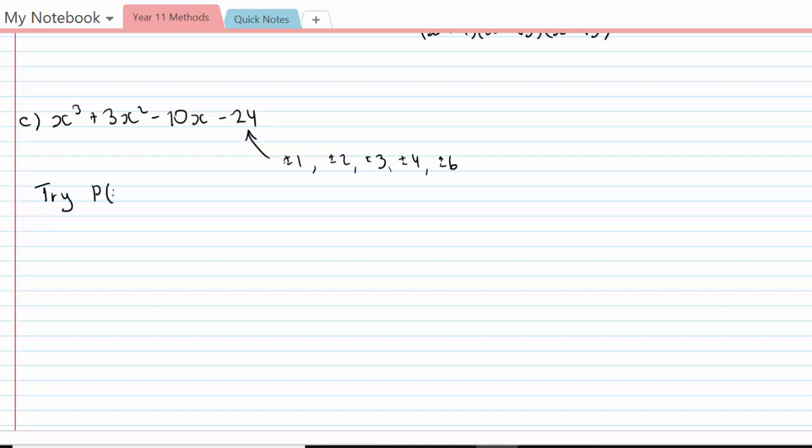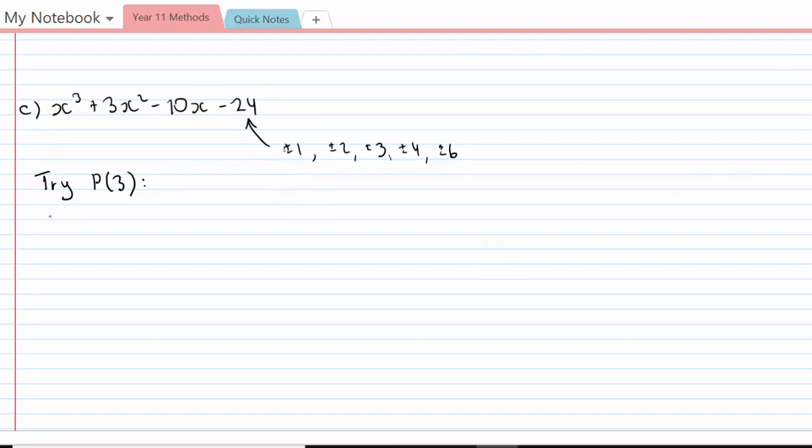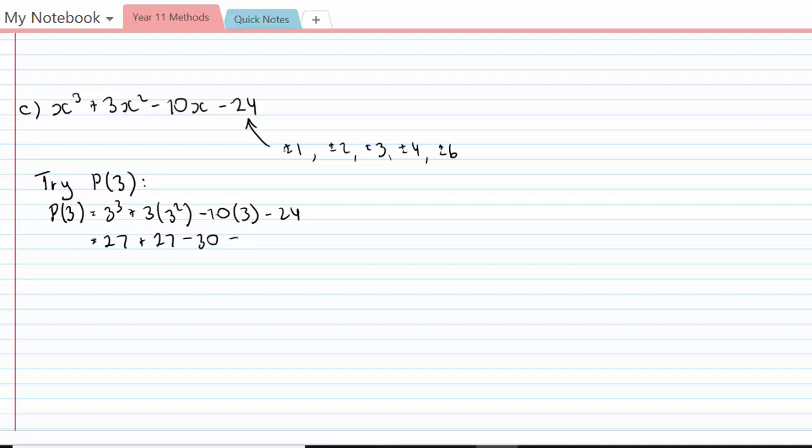Try P of 3, and we'll just see if this works. So P of 3 equals 3 cubed plus 3 times 3 squared minus 10 times 3 minus 24. So that's 27 plus 27 minus 30 minus 24.